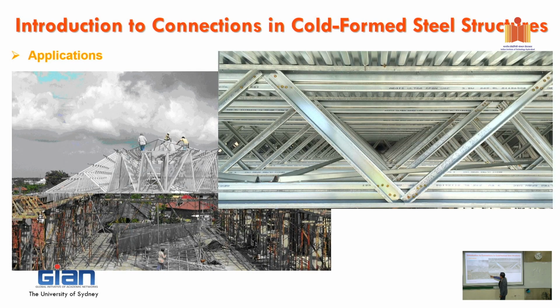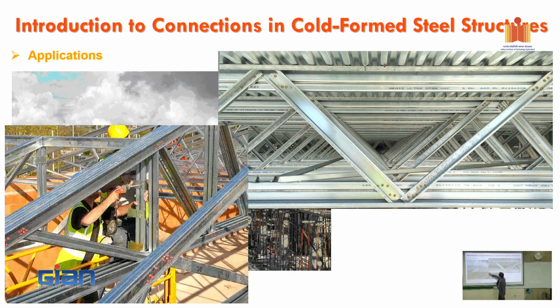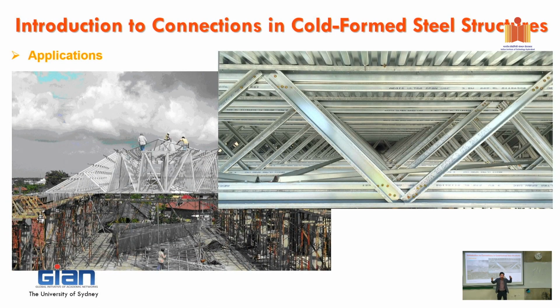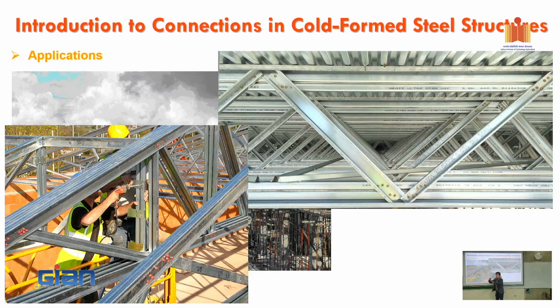Then when they bring it up to the site, you can see two guys on top just put it together, and they just put the screw together. It's so quick and so much easier for them for installation.